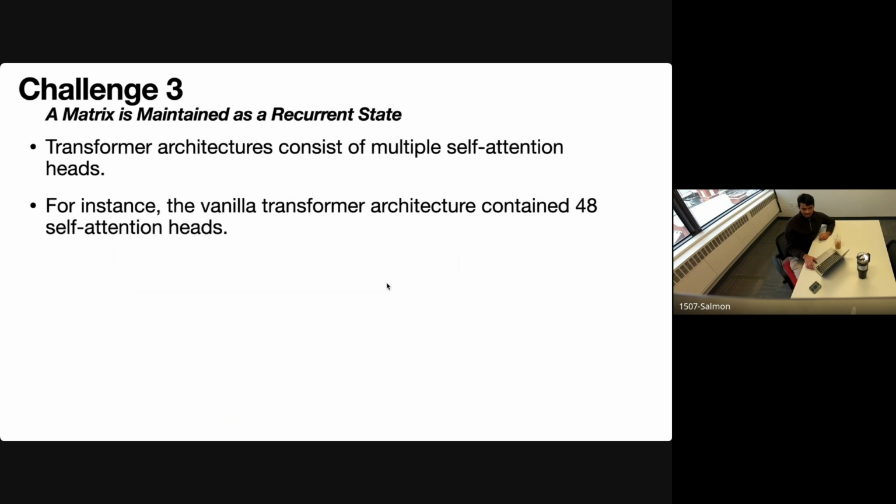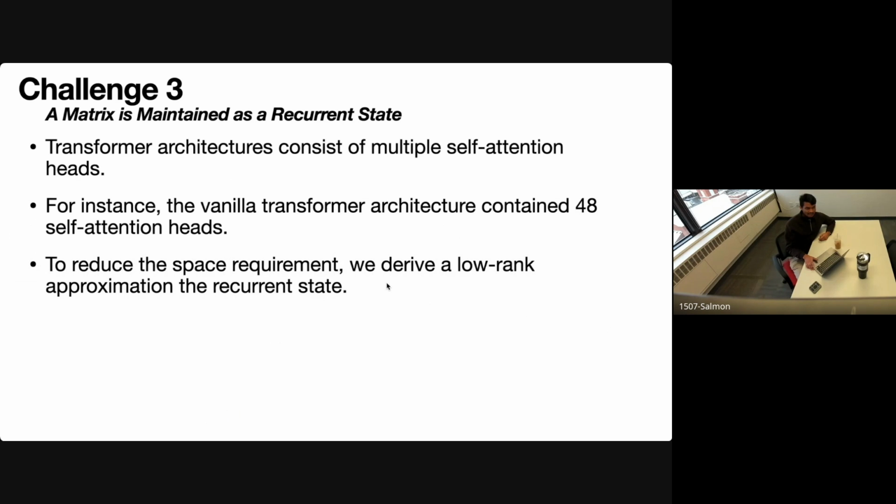For instance, the vanilla transformer architecture, which was proposed in the 2017 paper, itself contained 48 self-attention heads. And if you think about architectures which are common nowadays, like GPT-2 and things like that, they have a much larger number of self-attention heads than what we had previously. And so we need to reduce the space requirement. To do that, what we propose is to derive a low rank approximation of the recurrent state update function.